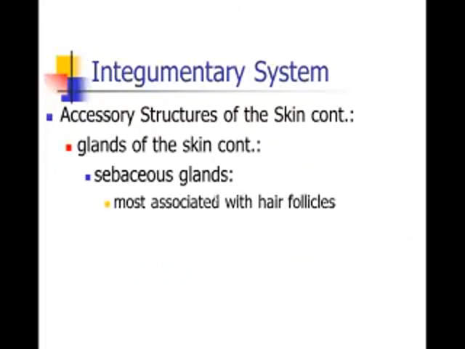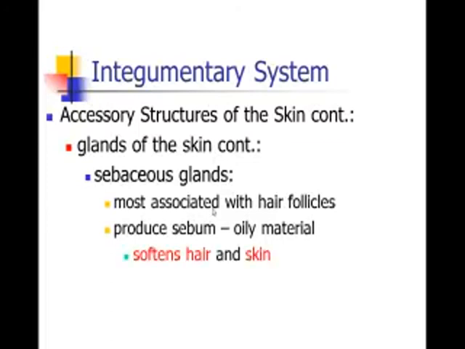And then we have sebaceous glands. We might have mentioned them before. Sebaceous glands usually are associated with hair follicles. They produce sebum, which is oily material. And the oil has several functions, benefits, if you will. One is that it softens your hair and your skin. It lubricates.